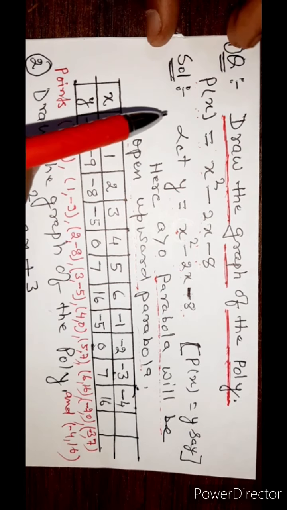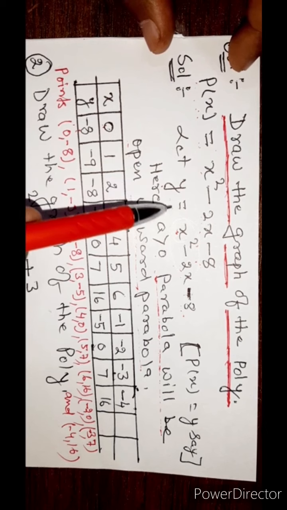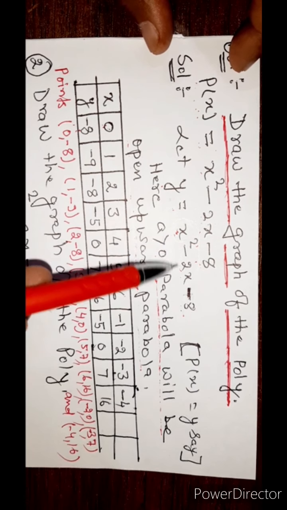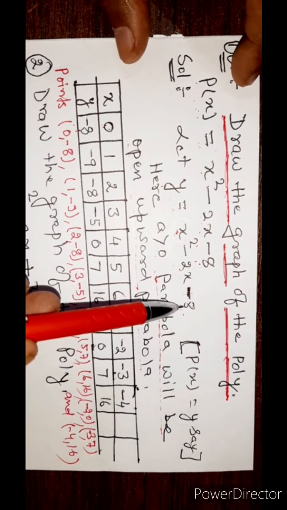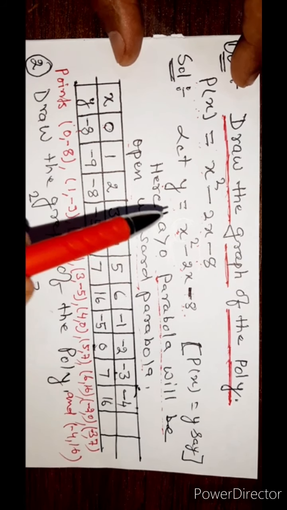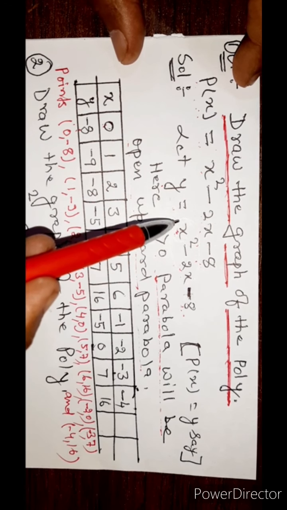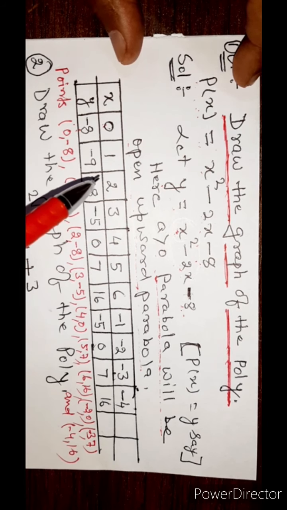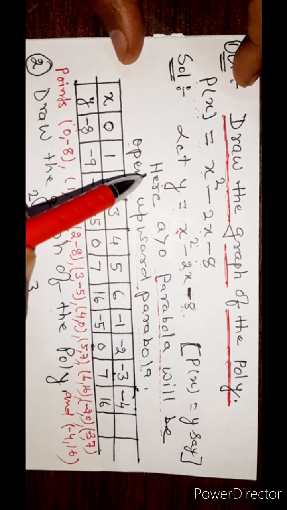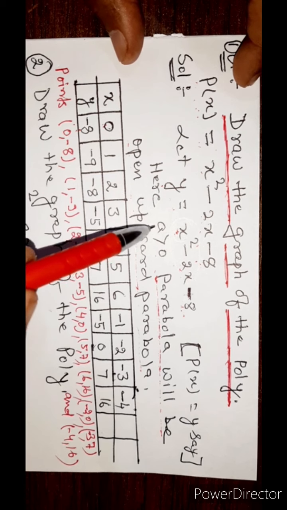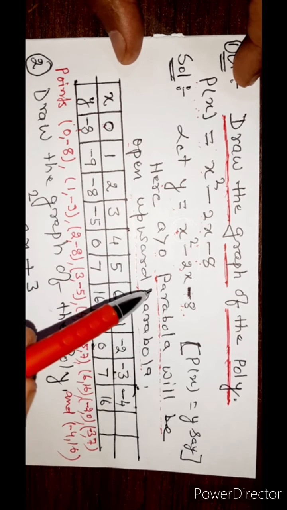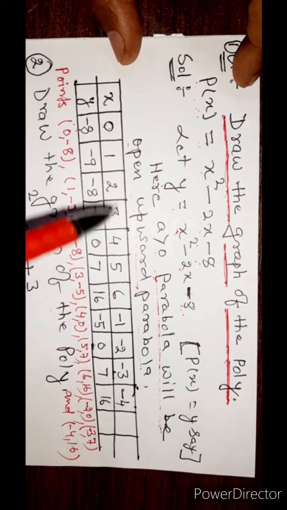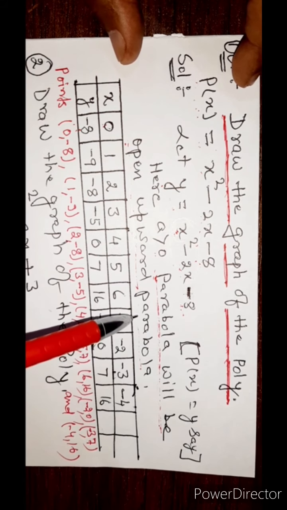So students, in place of p of x, let y is equal to x square minus 2x minus 8. Here, the coefficient of x square is positive, so the parabola will be an open upward parabola. Once again I mention a is greater than 0, therefore the parabola will be open upward.